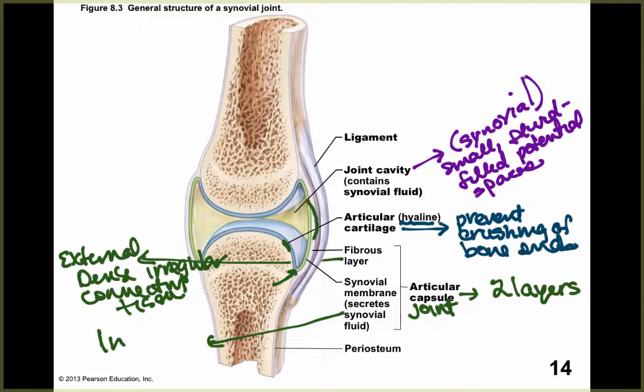And so the synovial membrane is this inner part, and it's made of loose connective tissue. And this, if you notice, makes synovial fluid.